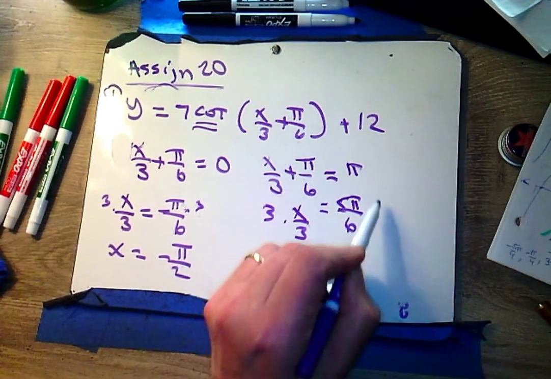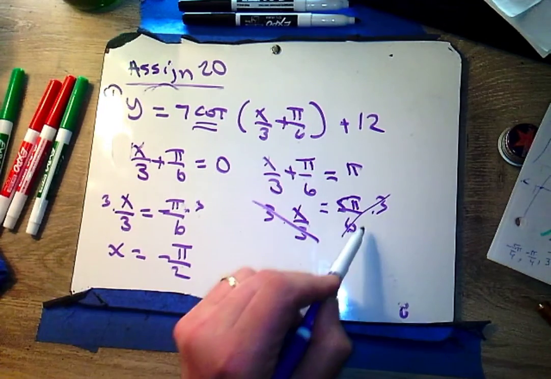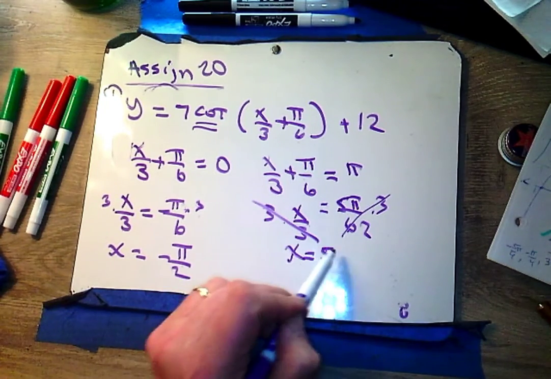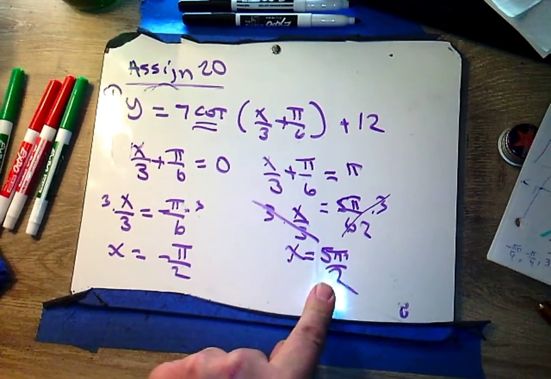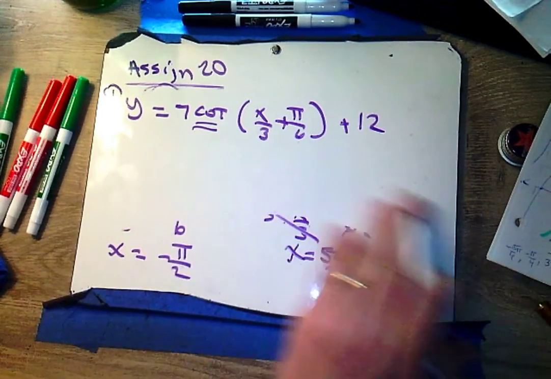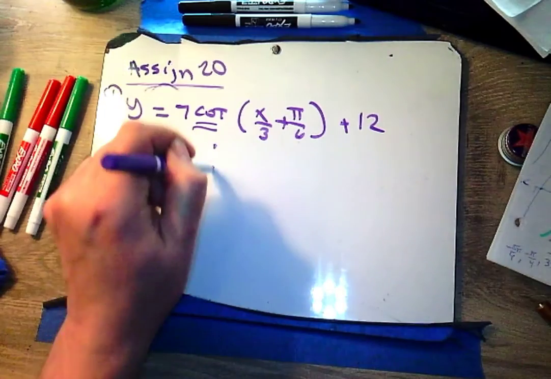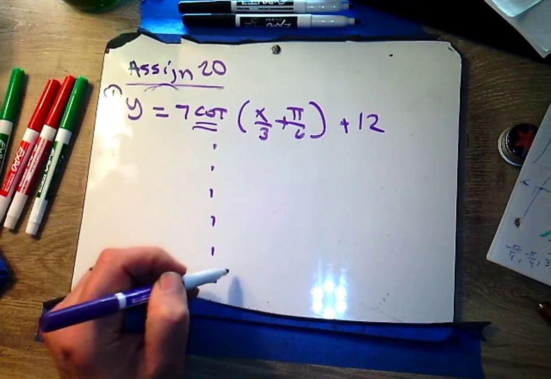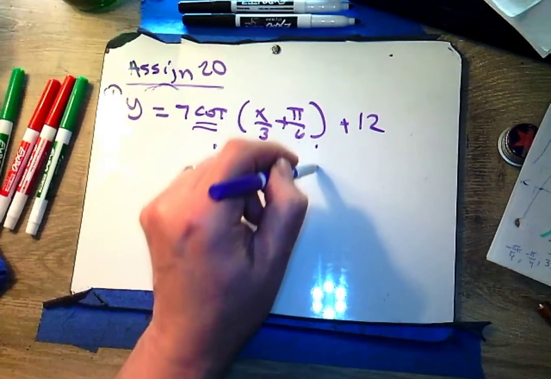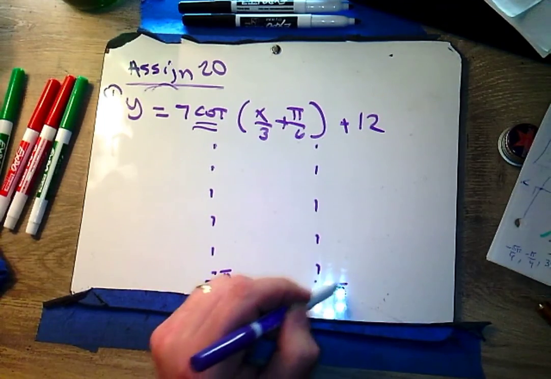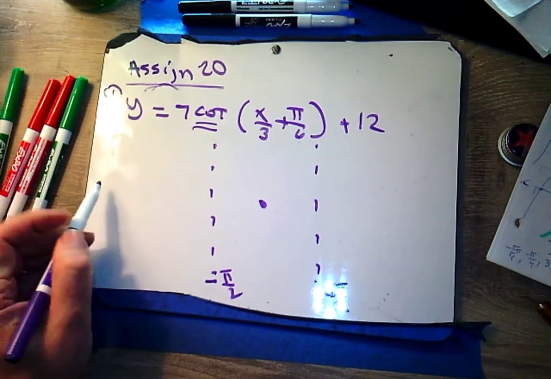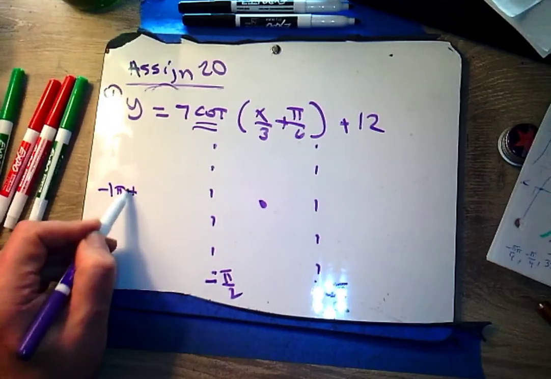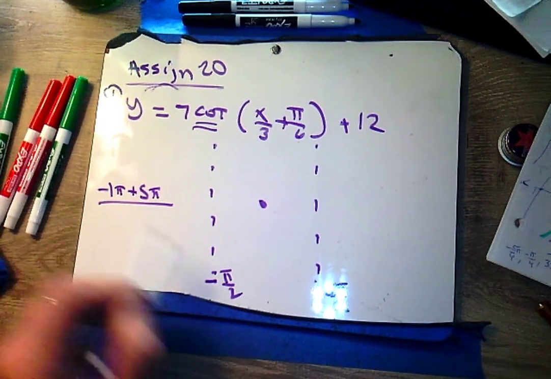And if I multiply by 3, I get x equals 5 pi over 2. Negative pi over 2, 5 pi over 2. That's where our vertical asymptotes are. Halfway between, we have our inflection point. So negative 1 pi plus 5 pi, and double the denominator.